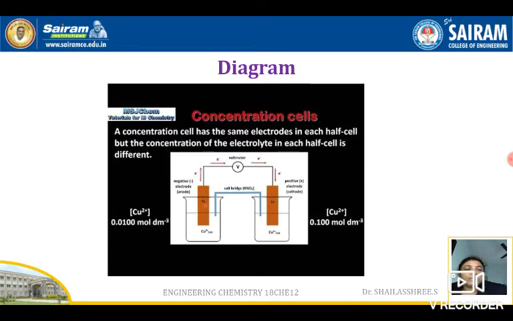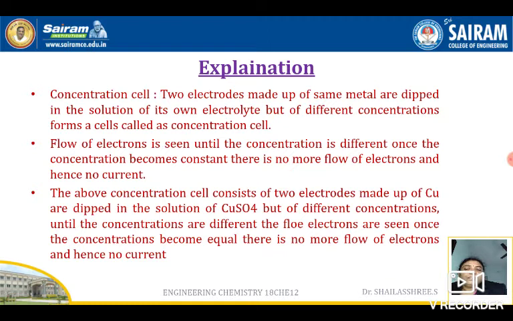Coming to the explanation part, as I already said, metals dipped in the solution of their own electrolyte but of different concentrations form a cell called a concentration cell. Here, own electrolyte means copper will be dipped in a copper sulfate solution, silver in a silver nitrate solution, and nickel in a nickel sulfate solution. They are called its own electrolyte. Two electrodes made up of the same metal dipped in the solution of its own electrolyte but of different concentrations form a cell called a concentration cell.